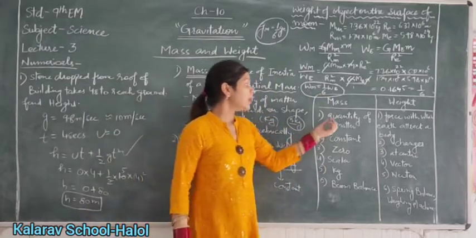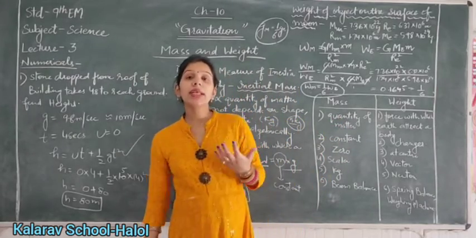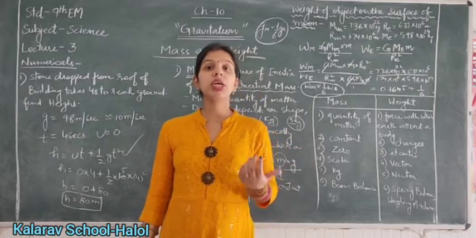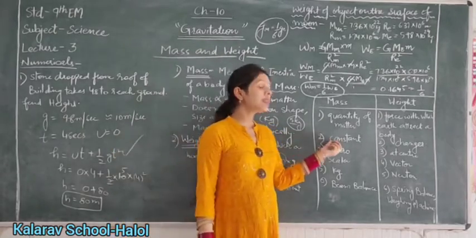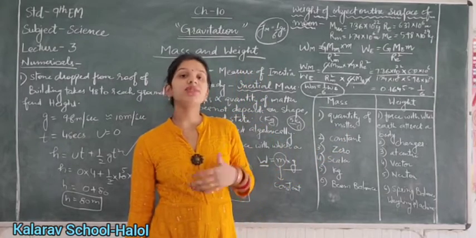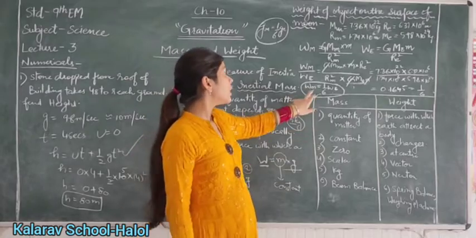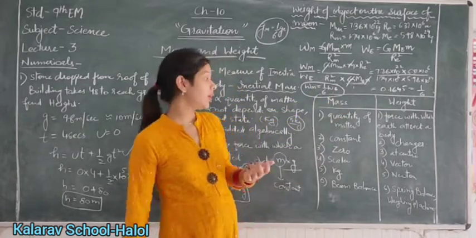Firstly, mass is the quantity of matter contained in a body, but weight is the force with which a body is attracted toward the earth. Mass is always constant, but weight can change from place to place. As you see, the weight on the moon is different from the weight on earth.